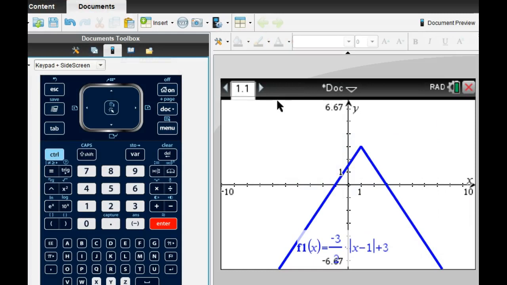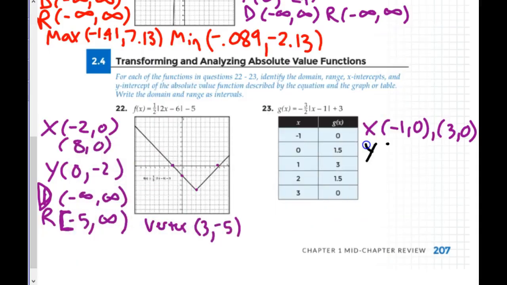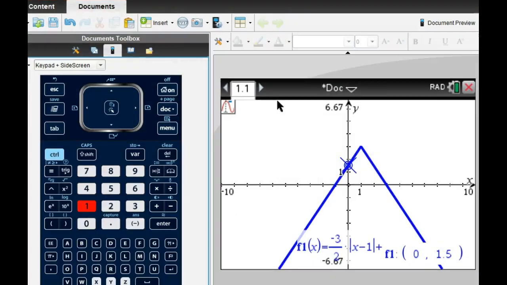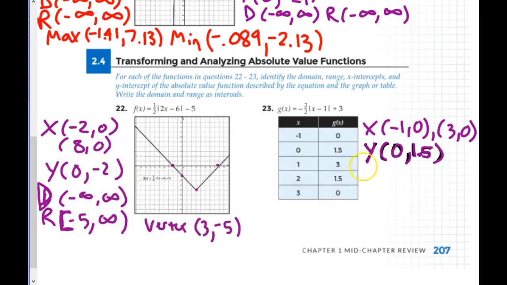My y-intercept is, let's try menu 5, 1, (0, 1.5). And that would be at (1, 3) for my vertex.